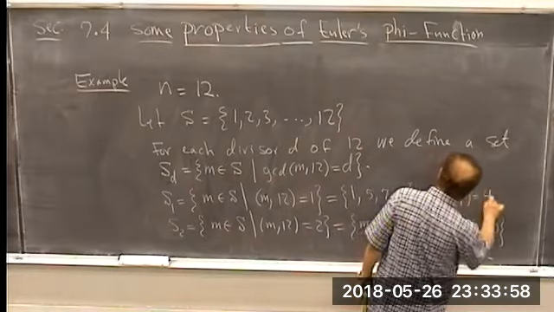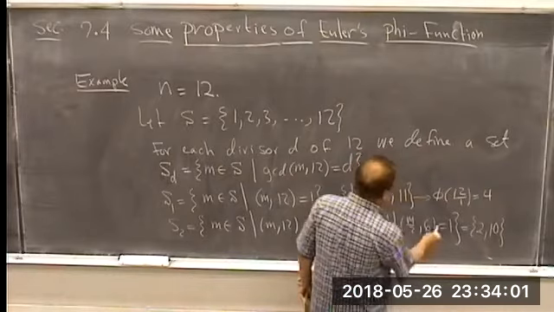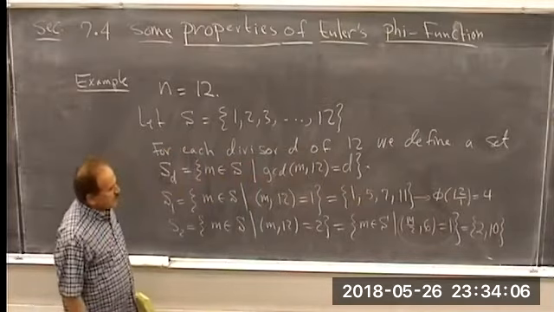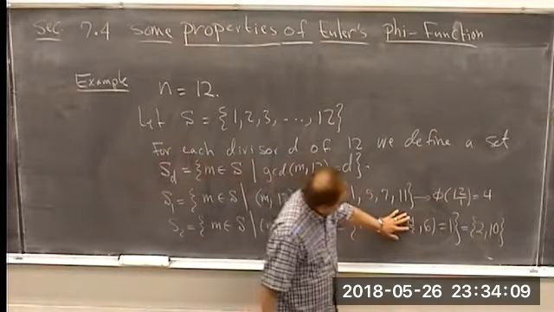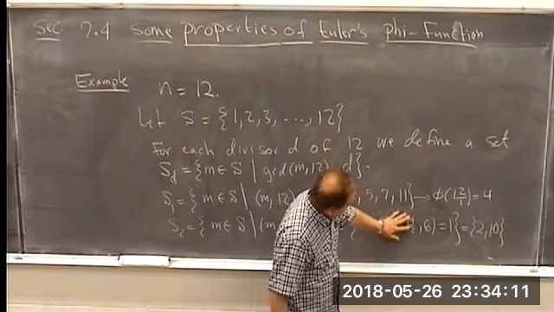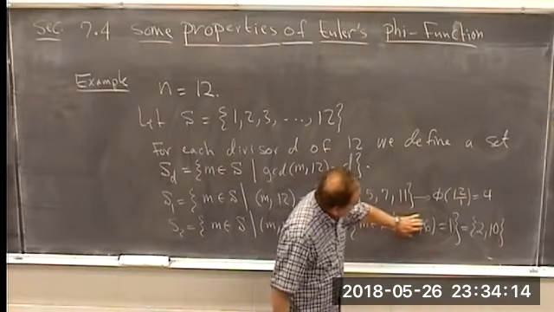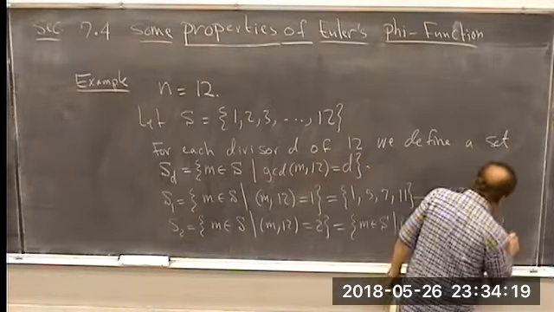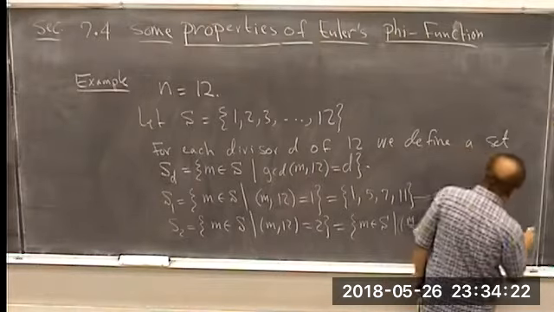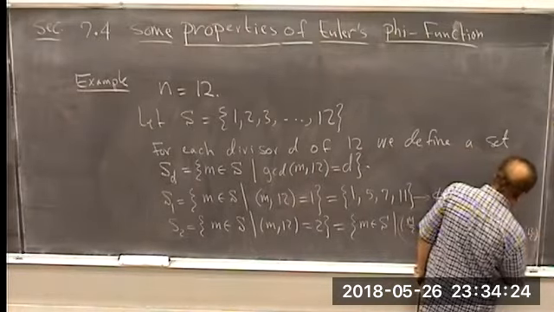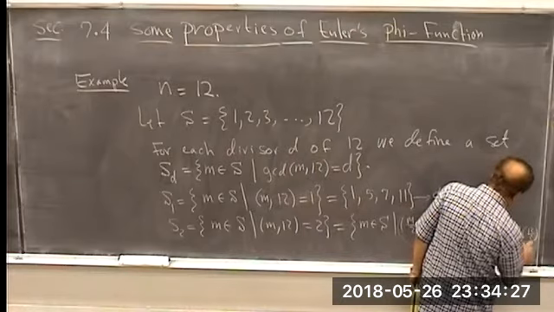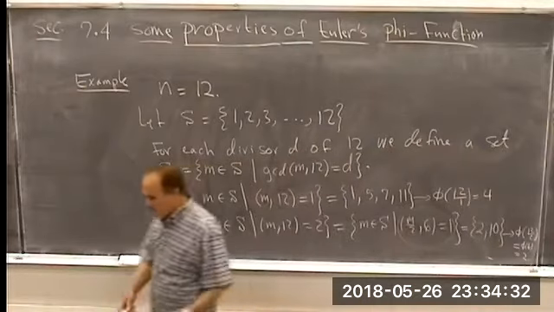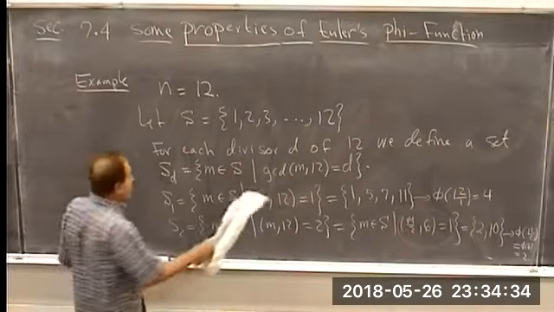And for S2, it's clear that the integers are divided by 2, so m over 2 is relatively prime to 6, and the number of them is phi of 12 over 2, which is phi of 6, which is equal to 2.